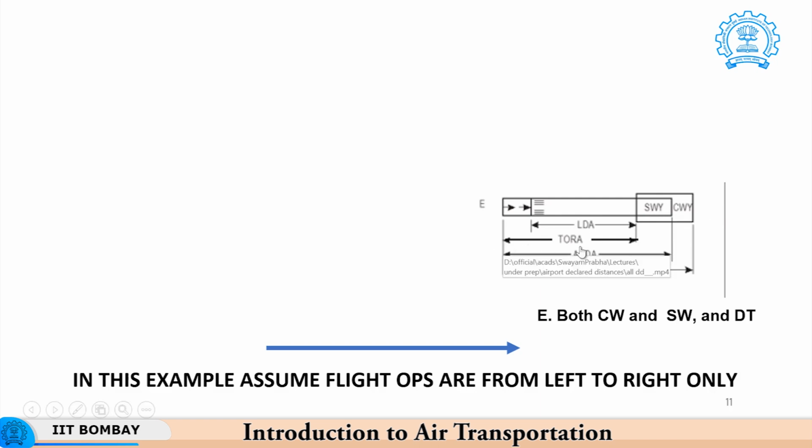So, the takeoff run available will be from the starting point to the point where the stopway starts, because you need to clear the airport obstacle height before you come over the stopway.